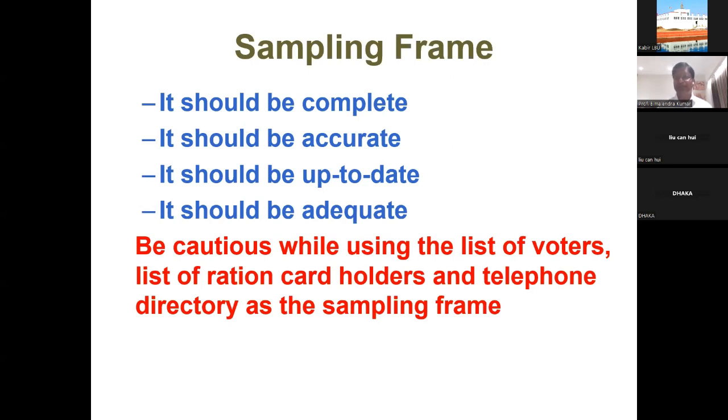So we cannot rely on the list of voters, nor on the telephone directory. In the telephone directory there are names of persons who passed away 20 or 30 years ago, but the names are still there. So we cannot take decisions or build a sampling method based upon the list of voters or the ration card.